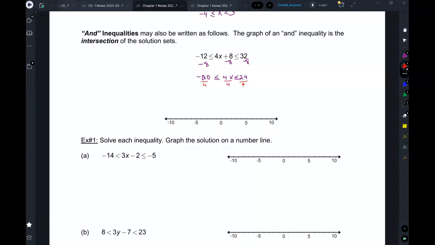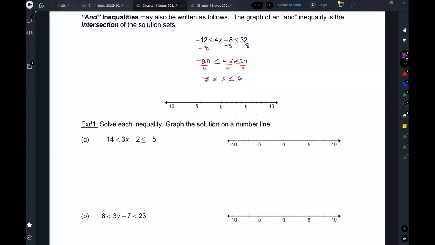Do I flip the inequalities? No. So I'm going to get -5, x, and 6. So x is greater than or equal to -5 and less than or equal to 6. So -5, 6, it goes in between, right?